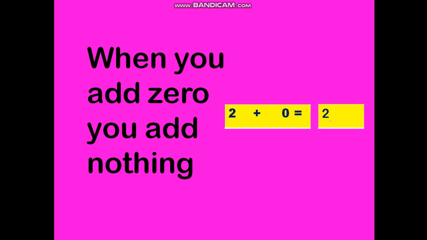Let's move on to the next example. 3 plus 0 is 3. 3 plus 0 is 3 only. So we don't need to calculate anything. We just need to know the concept behind it.